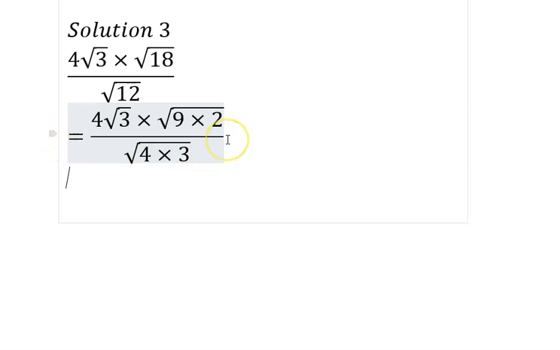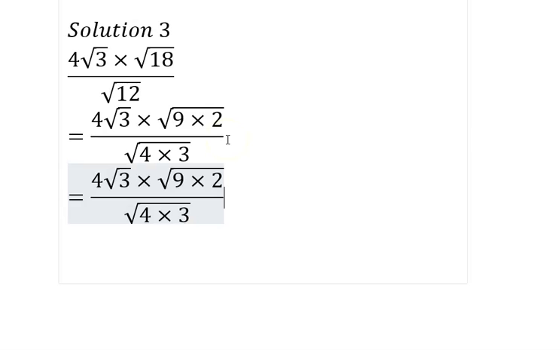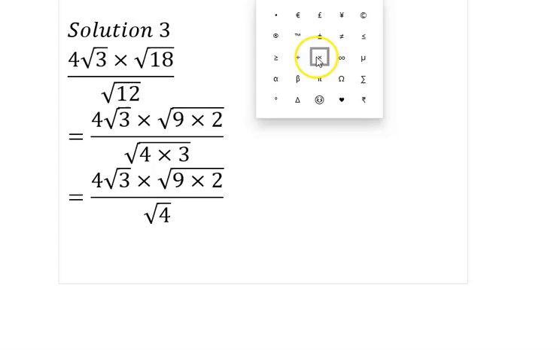So having done that, we can split this 9 and this 2. We can split them. And we can also split these 2. Let's split this root 4 times root 3.